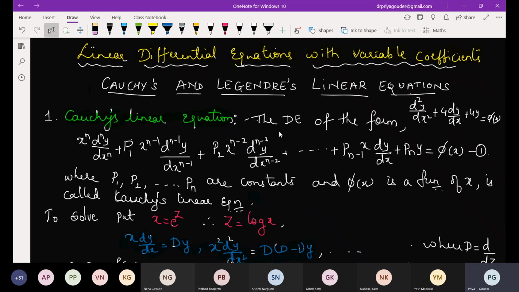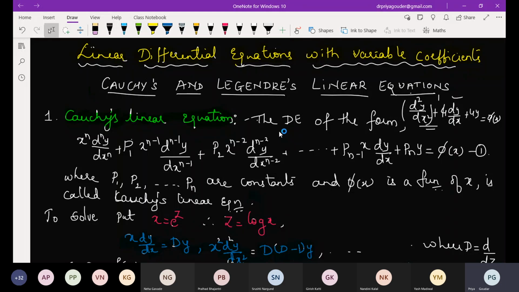Tell me, is it a linear differential equation? It's linear because degree is 1. Linear means the power of the highest order derivative should be 1. Now this is a linear differential equation.